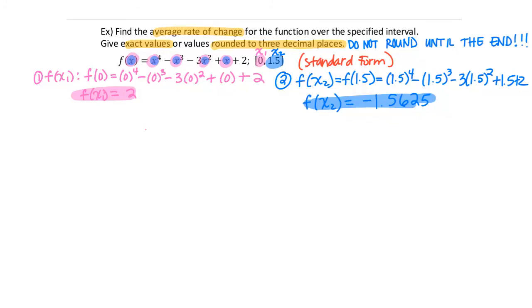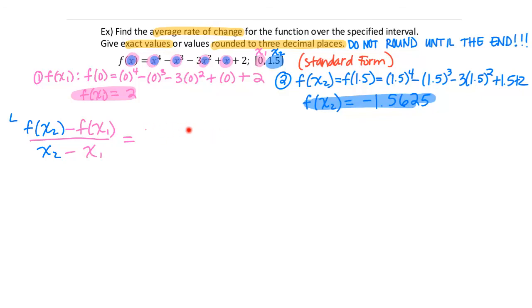My function rate of change formula is f of x2 minus f of x1 over x2 minus x1. Equals. All right, I'll do lefties. Lefties, tell your partner, what are we going to put in the numerator? Let's blank minus blank.